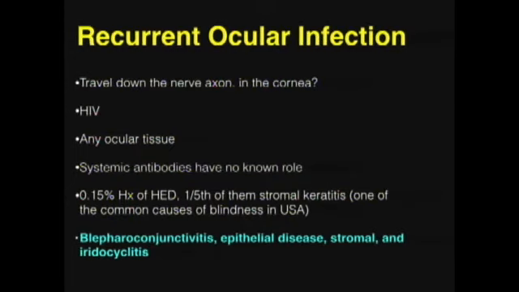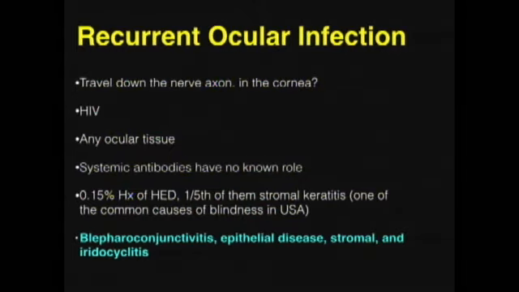Recurrent herpetic eye disease can affect any ocular tissue, and it's a very common disease. The risk of recurrence is around 20%. And actually, it's one of the common causes of blindness in the United States from an infectious etiology.